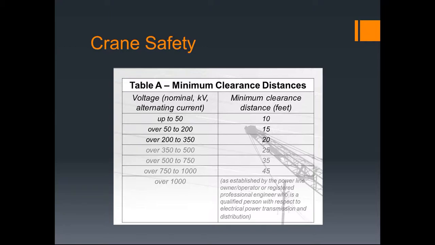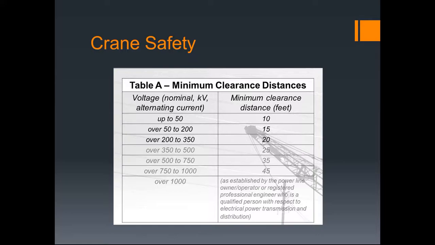Basically, this is the table that was in our book of the minimum clearance distance required when dealing with power lines, and it gives the voltage of power lines and then the minimum clearance distance. The closest you can get is 10 feet, but that's only with a voltage of 50 or less.